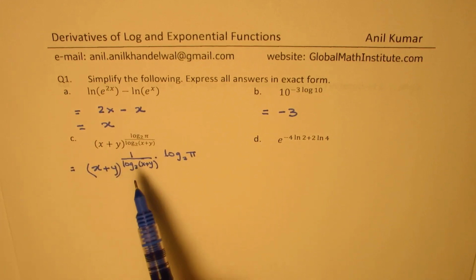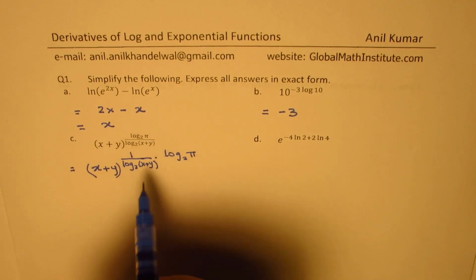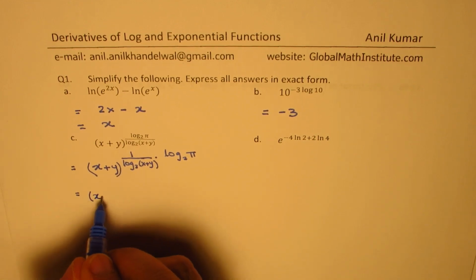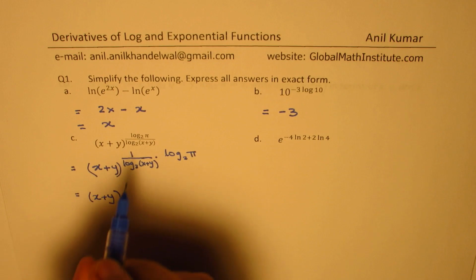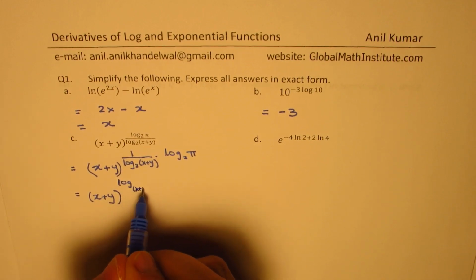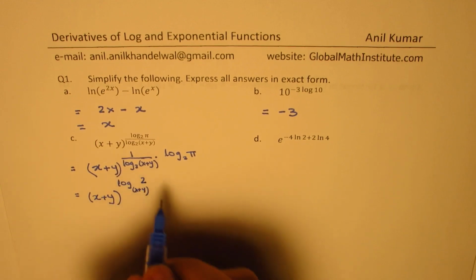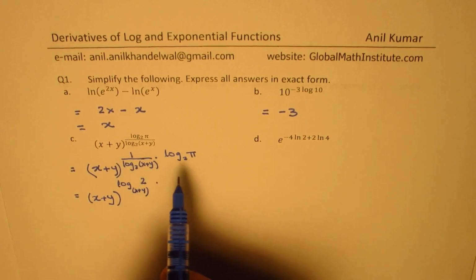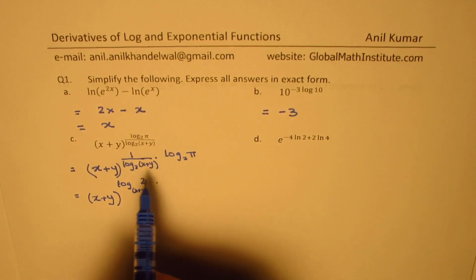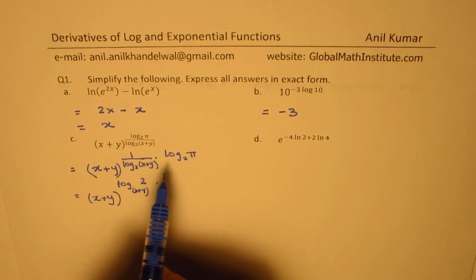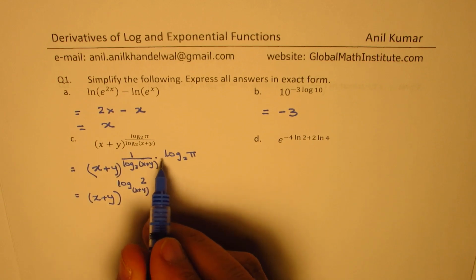So we can swap the argument and the base. So we could write this as x plus y to the power of log to the base x plus y of 2. Now whenever we have a product in exponents, we could also write this as a combination of powers.